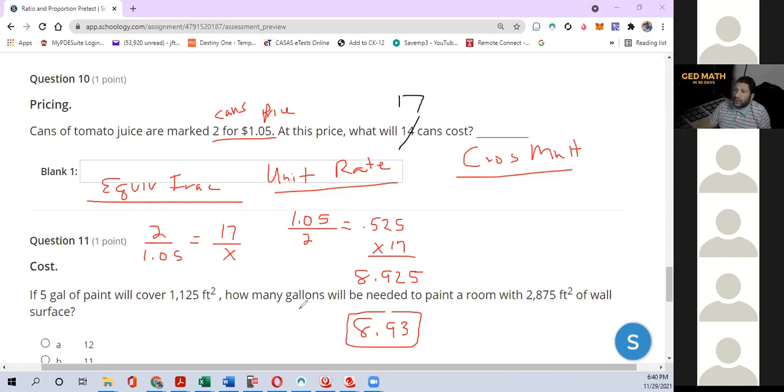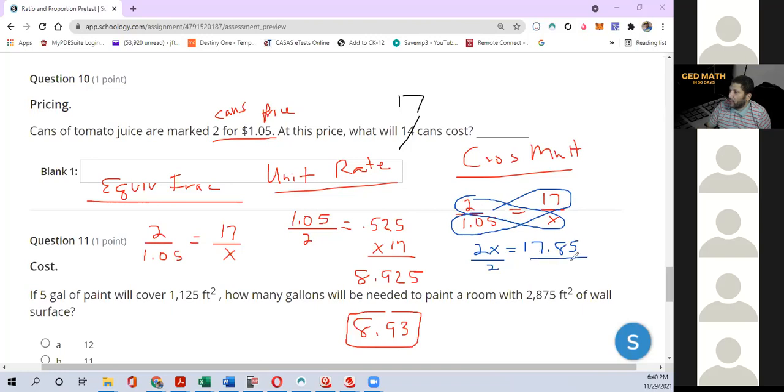Now, cross multiplication. We can use that same setup. 2 over 1.05 is equal to 17 over x. And again, if we cross multiply, we get 2x is equal to 17 times $1.05, which is $17.85.